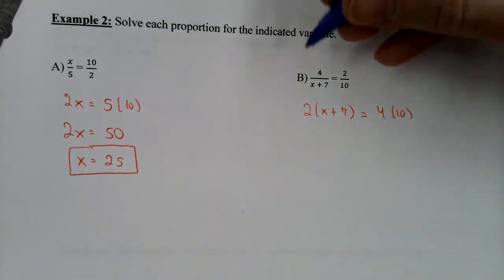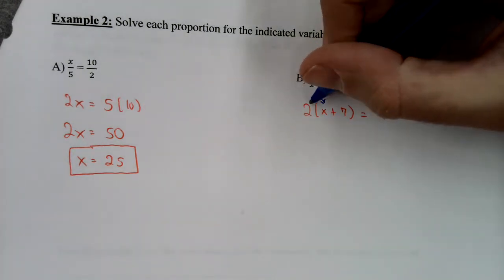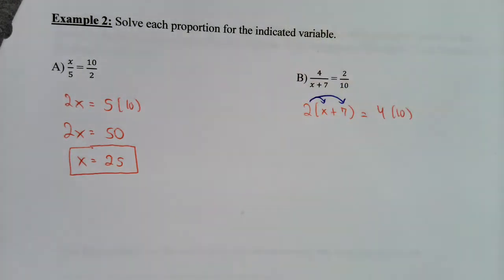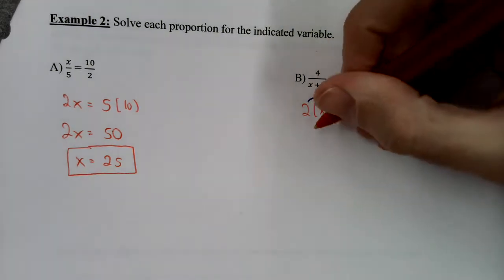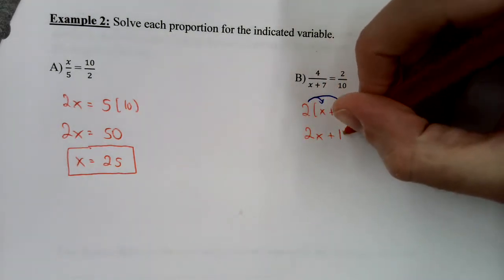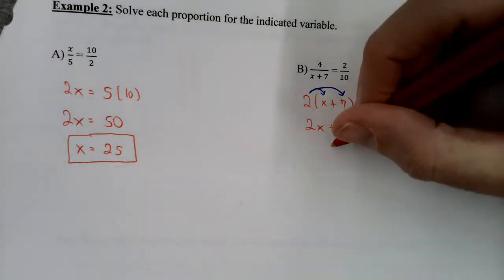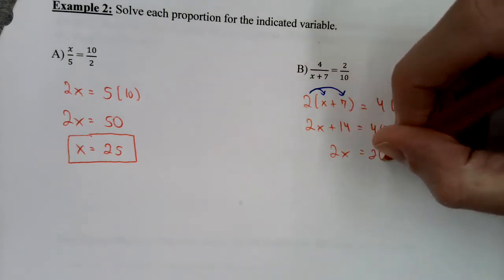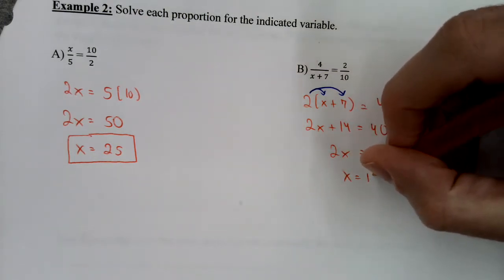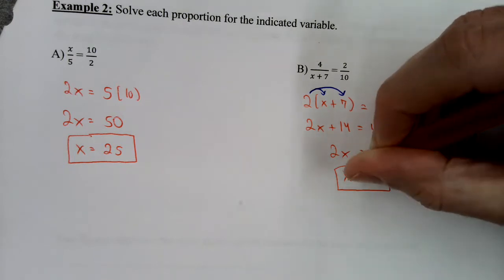Okay, make sure you distribute the 2. 2x plus 14 equals 40. So 2x equals 26. X equals 13.